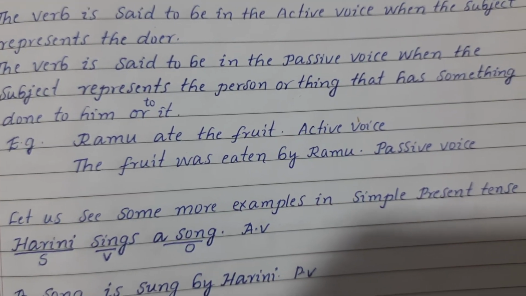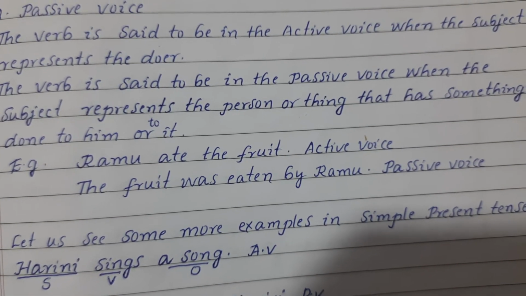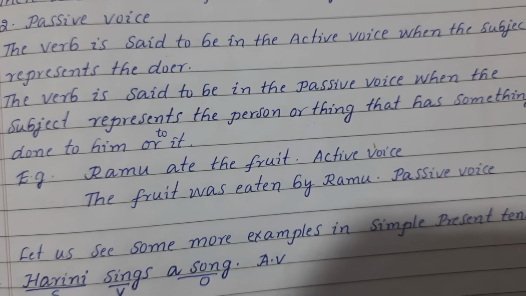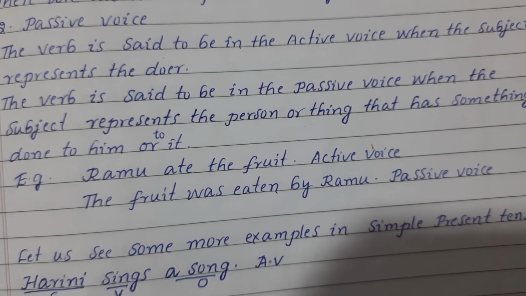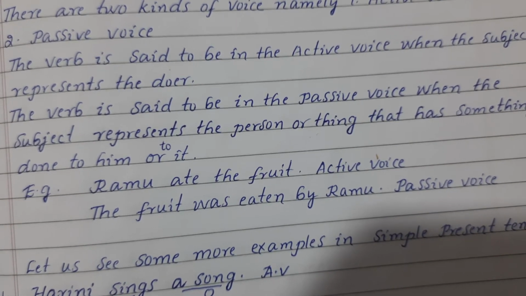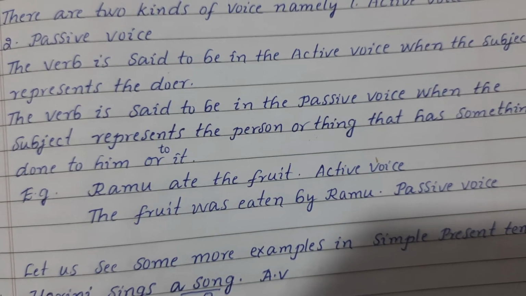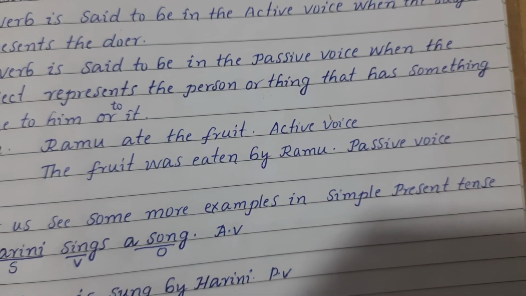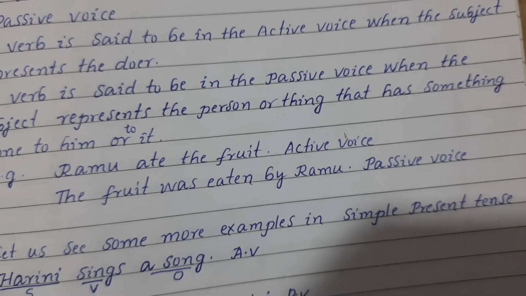Example, Ramu ate the fruit. Here, the word denoted by the subject: Ramu is the subject because it is the doer of the action. What did Ramu do? Ramu ate the fruit. The fruit was eaten by Ramu.